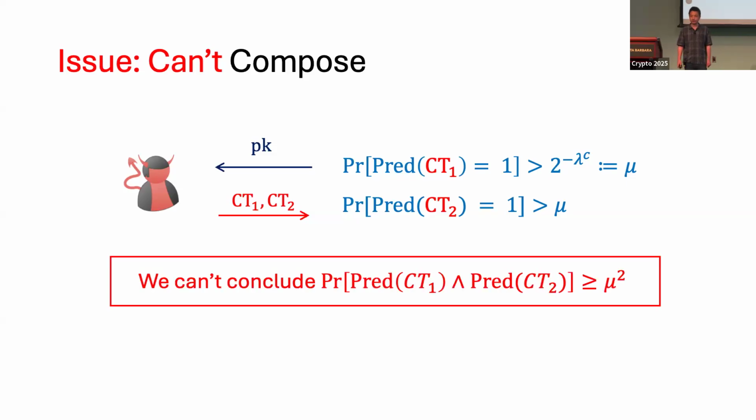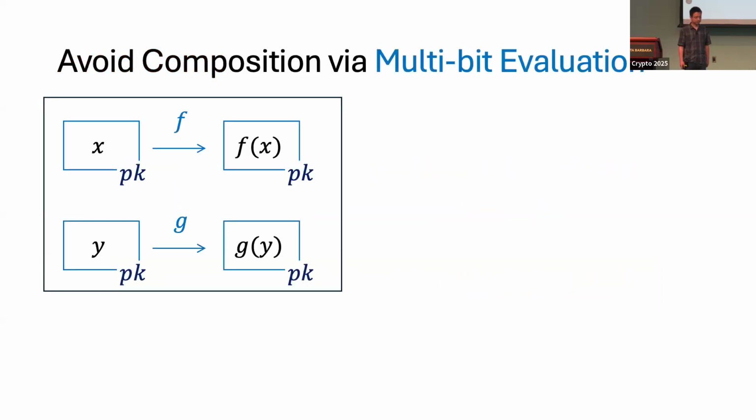But we cannot argue any probability that both ciphertexts are satisfied by this predicate simultaneously, because we are considering a computationally bounded adversary. So what we do is we just avoid such a scenario in the applications of this sometimes decryptable homomorphic encryption.